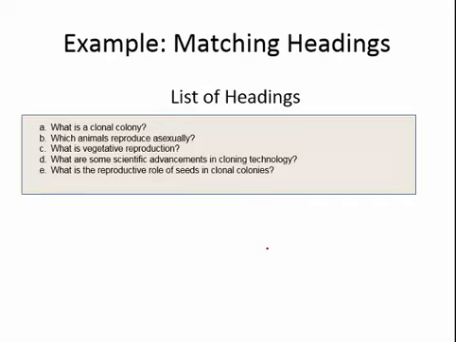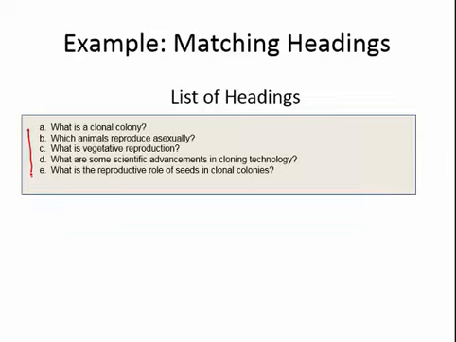Okay, so let's look at a sample question. Let's look at a matching headings question as a way to practice doing some skimming to answer. We're going to use our clone paragraph that we have been looking at. Below, you'll see from A to E, we have sample headings.